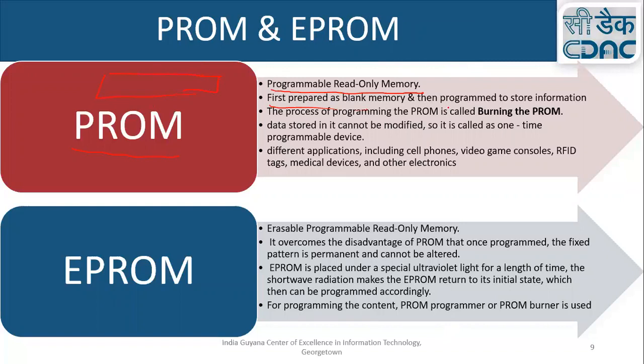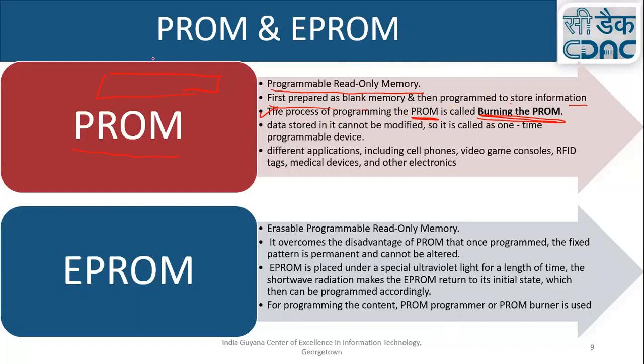And then you program it to store information. How do you write the program? The process of programming the PROM is called burning the PROM. So writing inside PROM is known as burning the PROM.